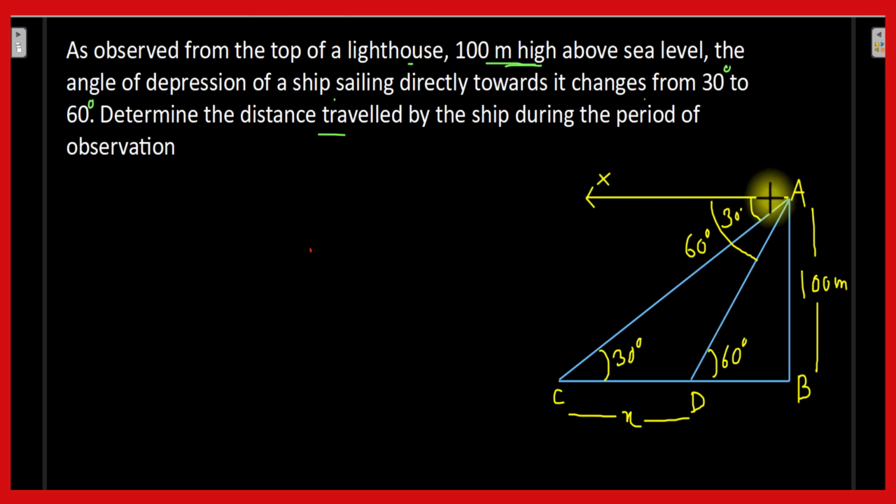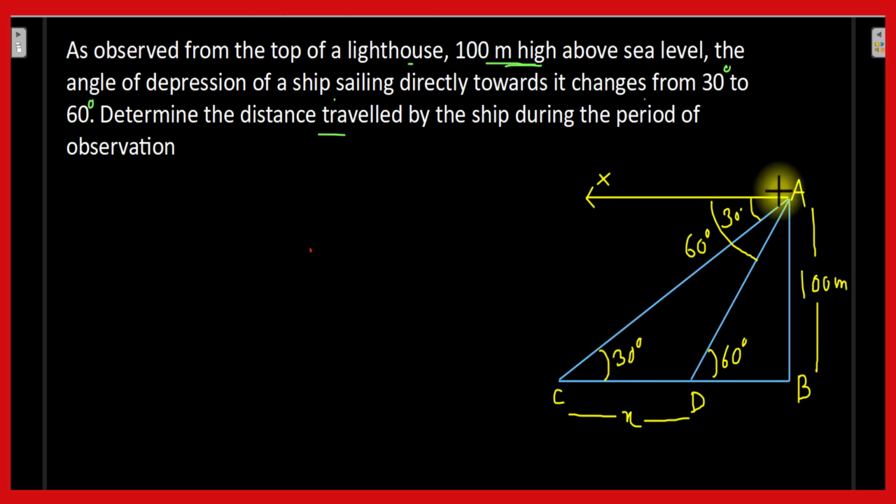Now you know that this is the straight line of sight and this is the ground, and these two are parallel. Since these two are parallel, AC is a transversal, and therefore these two angles are alternate interior angles, and alternate interior angles are always equal. So if this angle is 30 degrees, this angle will also be 30 degrees.